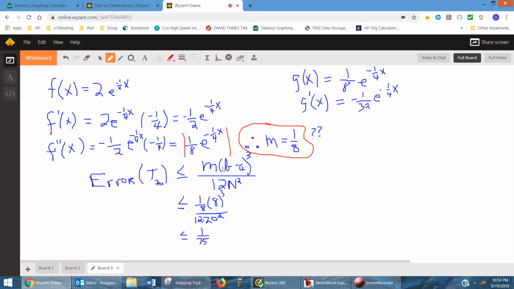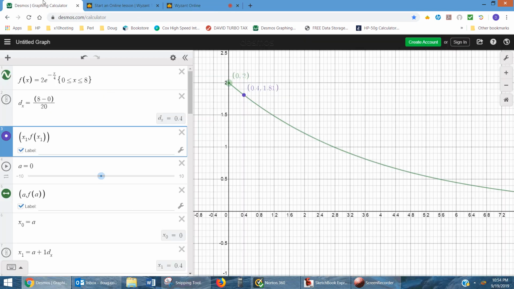B minus a would be 8 minus 0. That's cubed. And 12, n is 20. So the maximum error for using the trapezoidal rule for 20 trapezoids is less than or equal to 1/75.